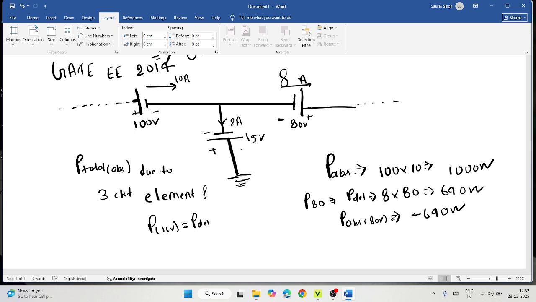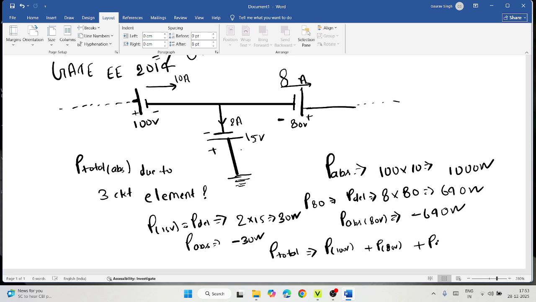Because current enters through the negative side of the terminal, so this is delivered power, meaning 2 into 15 is equal to 30 watt, and the negative of that is the absorbed power, minus 30 watt. So the total power absorbed due to the 3 circuit elements: power absorbed due to 100 volt, power absorbed due to 80 volt, and power absorbed due to 15 volt.